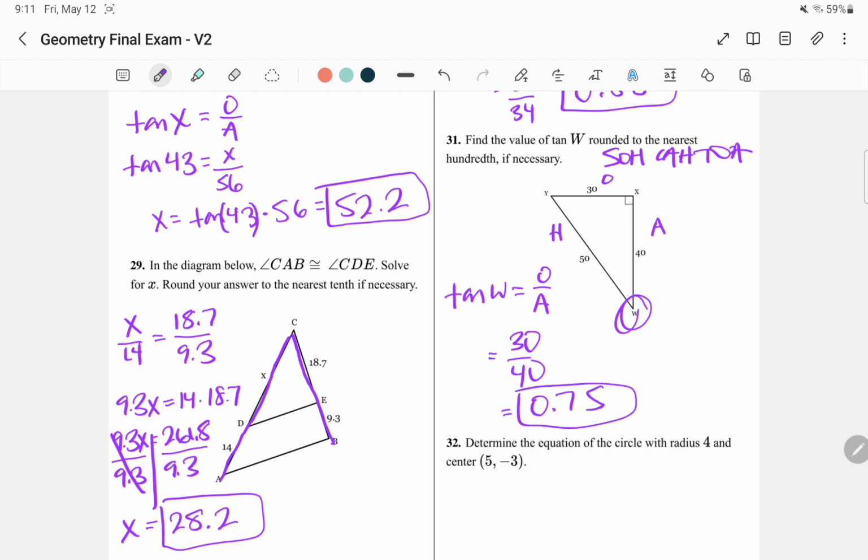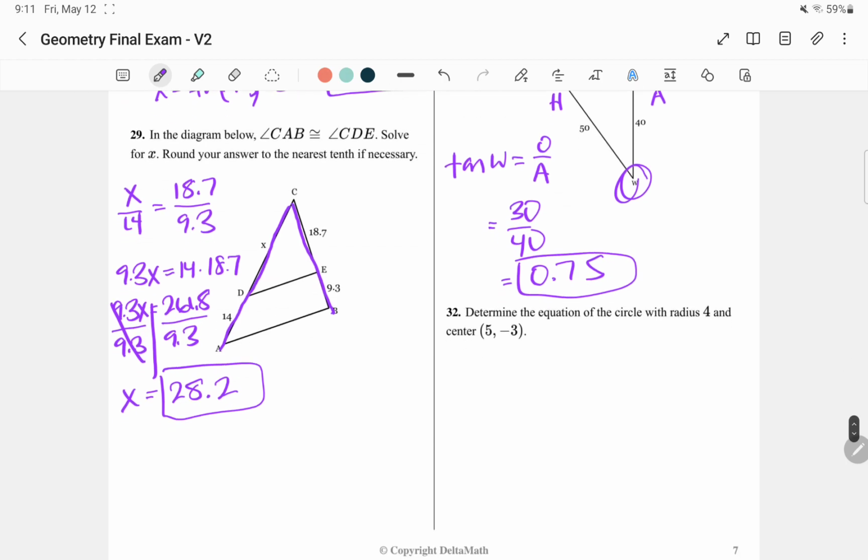All right, number 32, determine the equation of the circle with radius 4 and center (5, -3). We're going to start with the standard equation of a circle, which is (x - h) squared plus (y - k) squared equals r squared. The center is our (h, k).